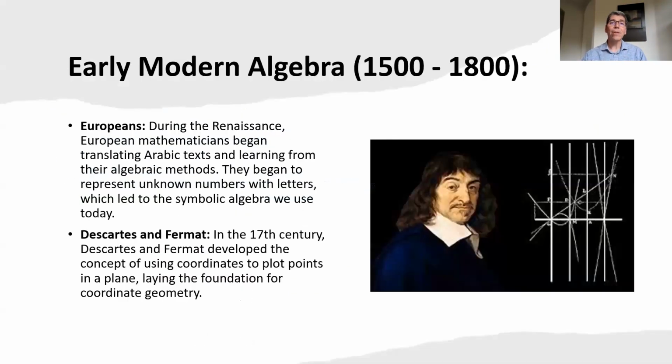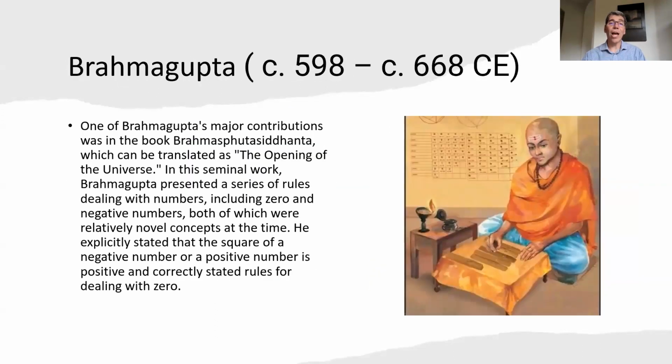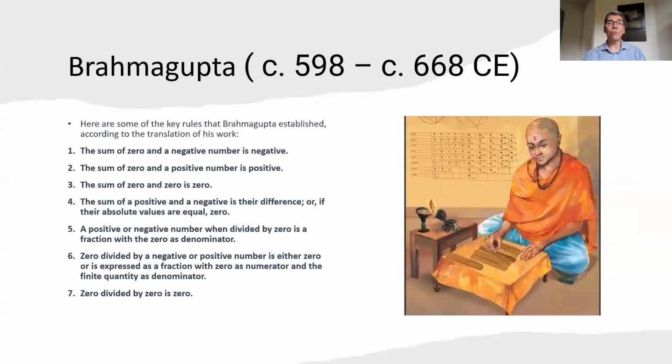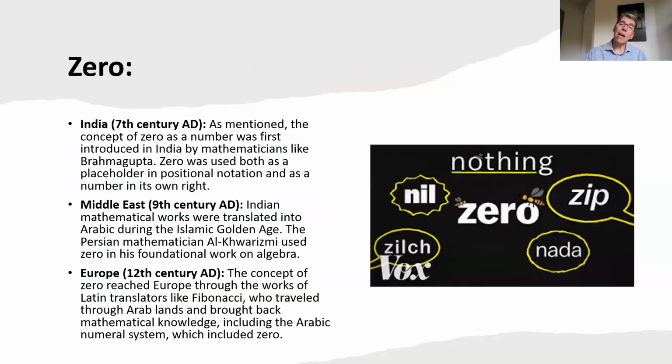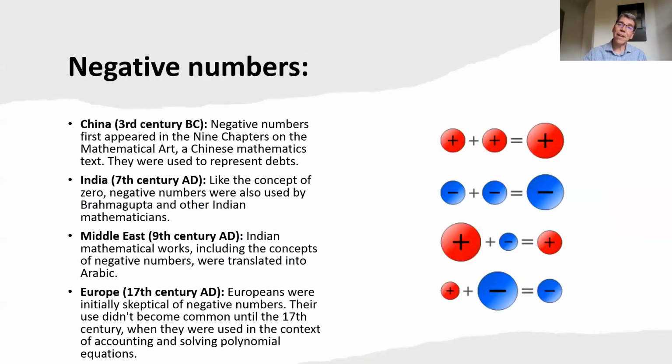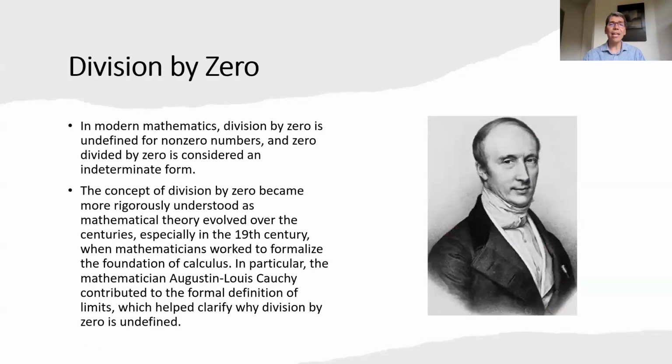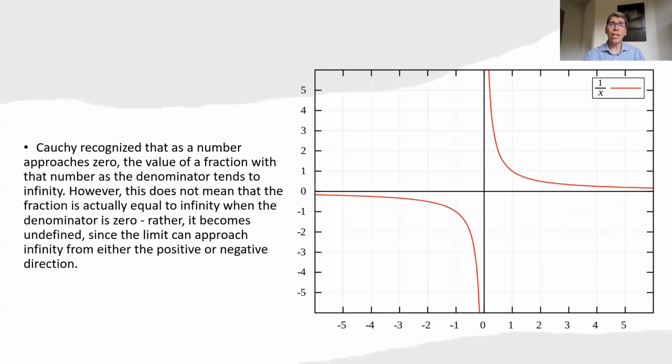All right. We also talk about the development in modern times, the contributions of Brahmagupta with 0 and negative numbers, some of the applications of negative numbers, very practical things. And then this very important concept that division by 0 is undefined.